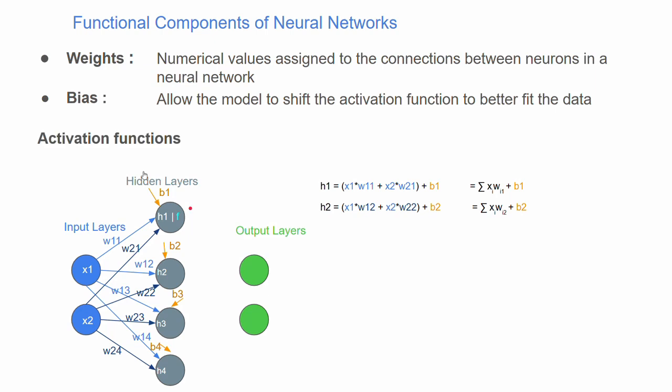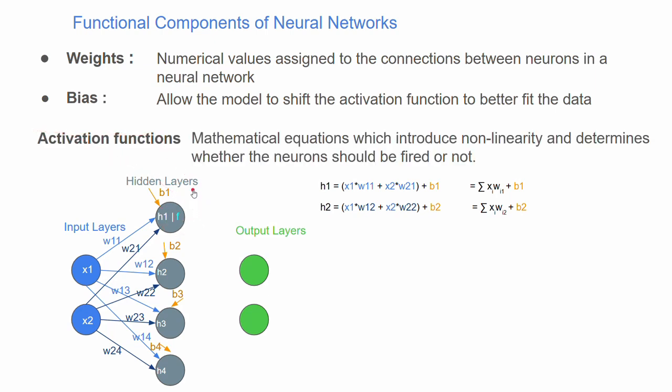The activation function is just a mathematical equation which introduces non-linearity and determines whether the neuron should be fired or not. If we don't use this function, it becomes a linear model. So we apply the activation function to h1, then we get h01.